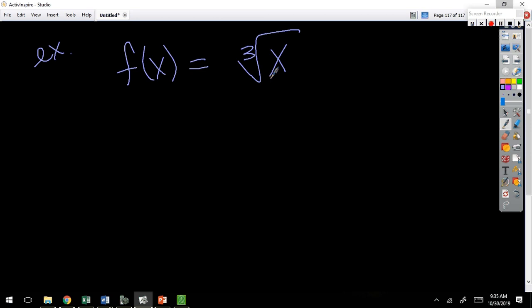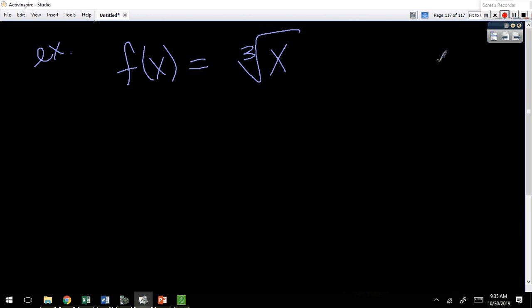Can you write this with an exponent? Now you got to go back to algebra 2. Can you write a radical as an exponent? If you have the square root of x, there's an imaginary 2 that sits outside, because it's saying what number times itself twice gives you what's under the radical.